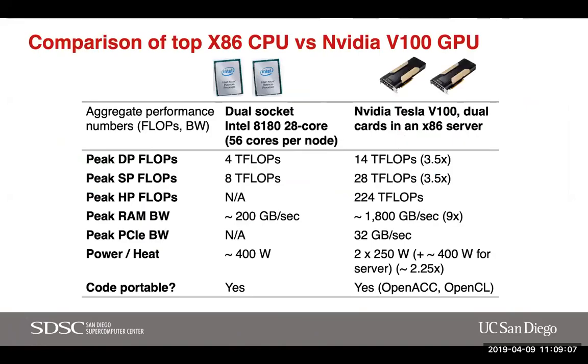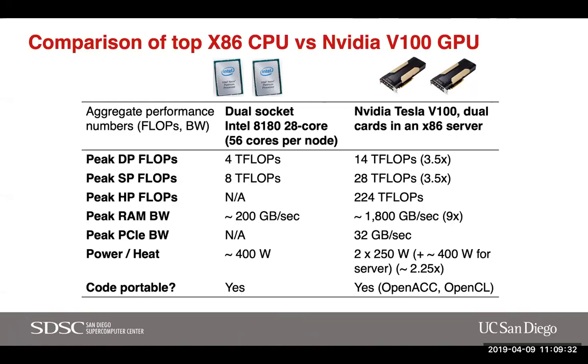Now, here's a summary again, just to give you an idea about the comparison of CPUs versus GPUs. We have a table here with a high-end dual socket Intel 8180 Skylake, so 28-core CPUs, 56 cores in total. In such a server, you could stick, for instance, two V100 NVIDIA Tesla GPUs.